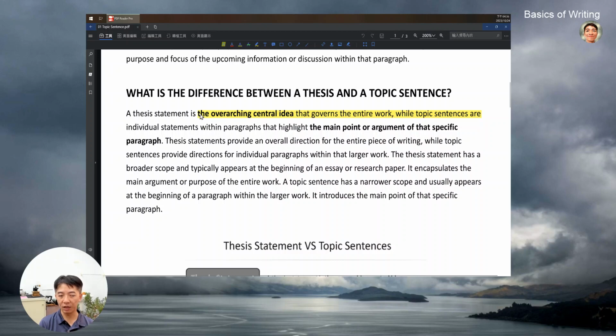So the thesis statement serves as the overarching central idea, while topic sentences provide direction for individual paragraphs within that larger work. The thesis statement has a broader scope and typically appears at the beginning of the essay, usually in the introduction. And it encapsulates the main argument, or the purpose, of the entire work.